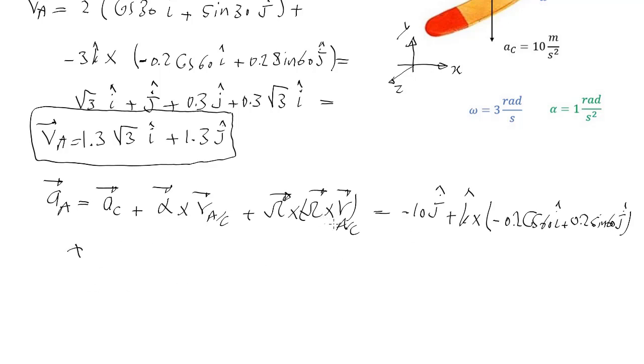Plus omega cross omega cross R. So omega was minus 3k, so actually minus 3k cross minus 3k cross R, and here is the R. So I can also just simplify this right down, minus 0.1 in the I direction and plus 0.1 square root of 3 in the j direction.